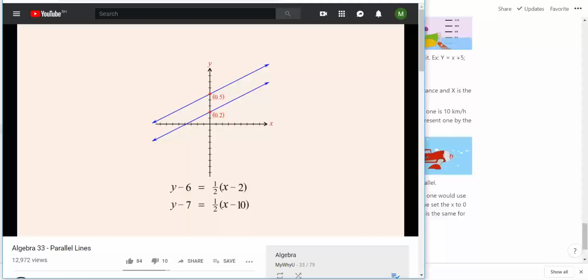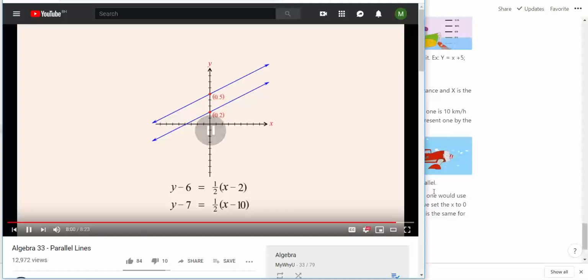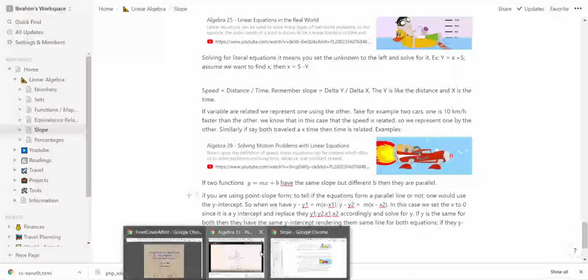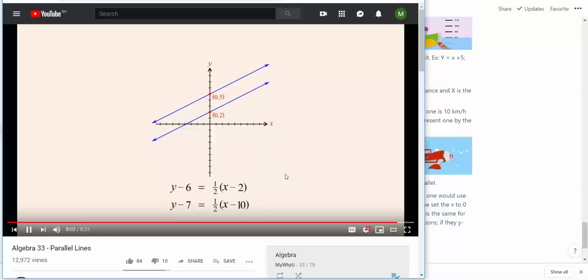Since both equations have the same slope but different y-intercepts, they describe parallel lines.